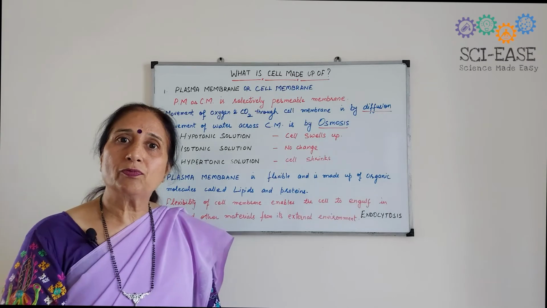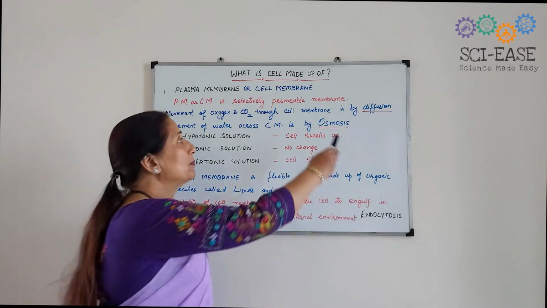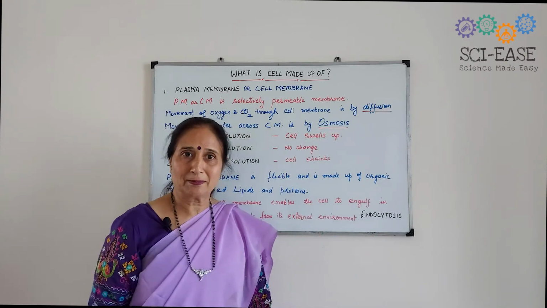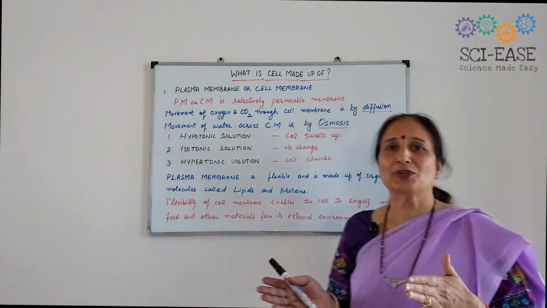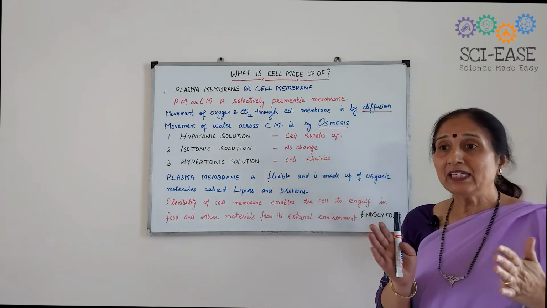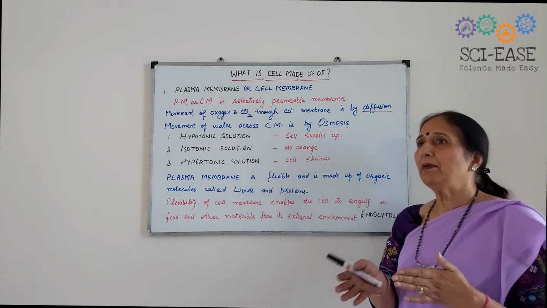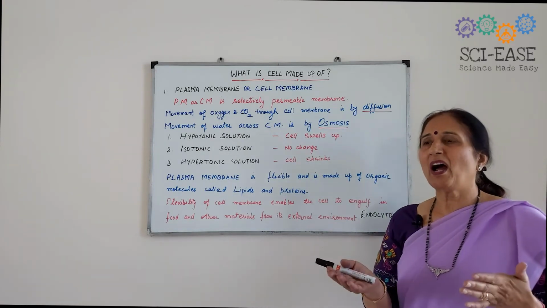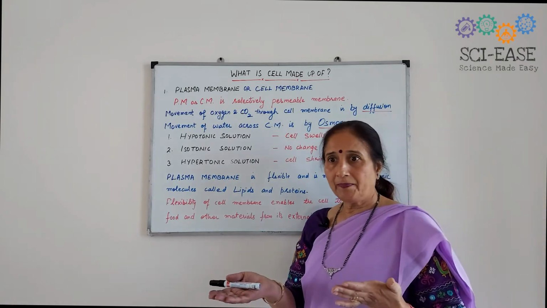The movement of water across the cell membrane is by the process of osmosis. Osmosis is a special case of diffusion only. Here, I will tell you with an example what will happen when we place any plant cell or animal cell in a salt solution.